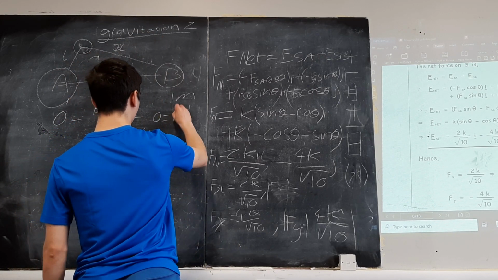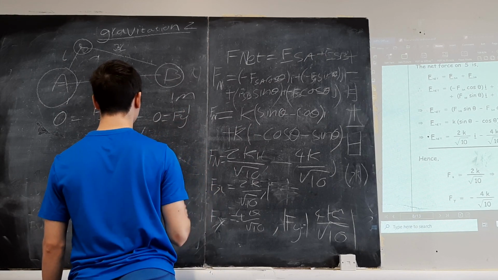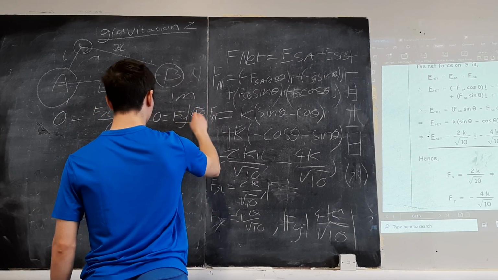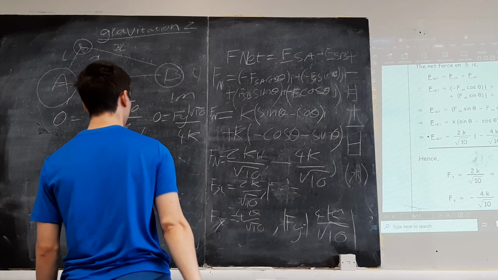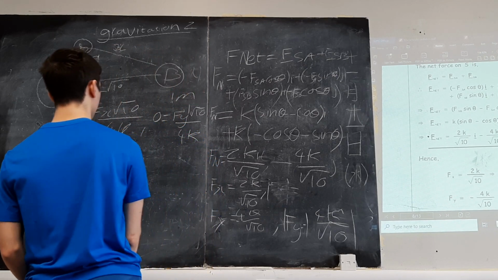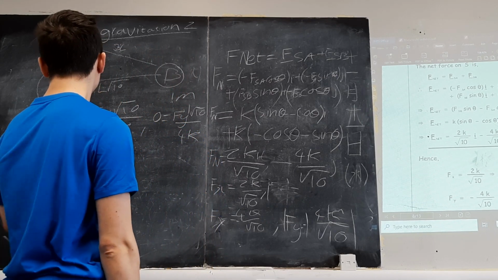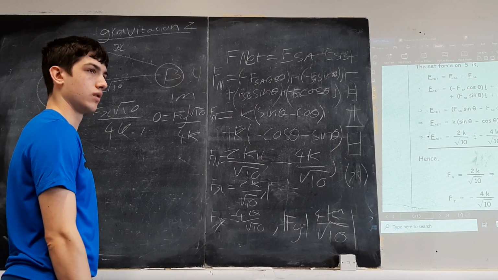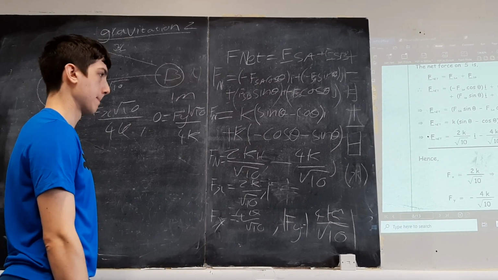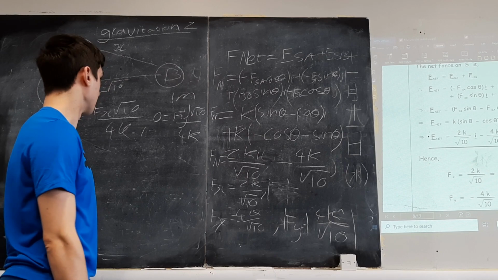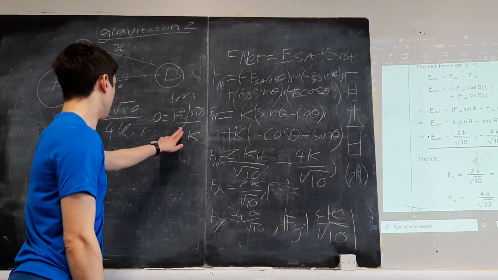And then Fy is root 10 over 4k. We just rearrange it so it equals 0. Wait, that should be a 2k for the x then.